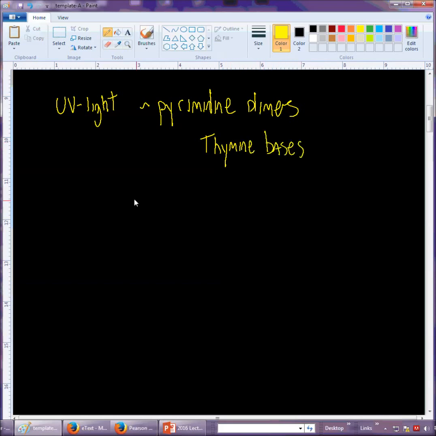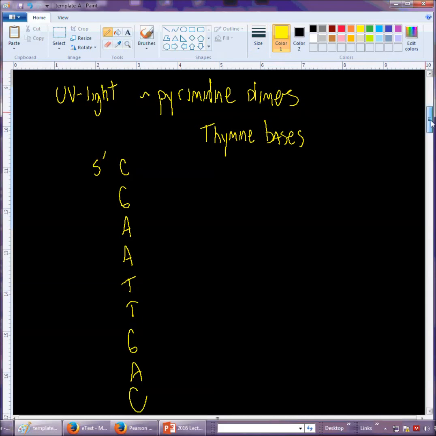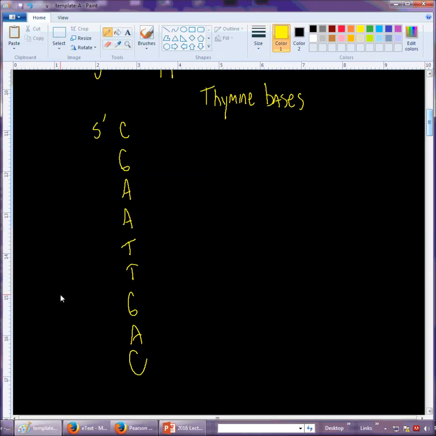So let me diagram a strand of DNA here, starting with, let's see, cytosine, why not? A, T, T. I probably put too many bases in there before I got to the T's, but let's see how this works out. So 5' end, 3' end, and 3' end over here.